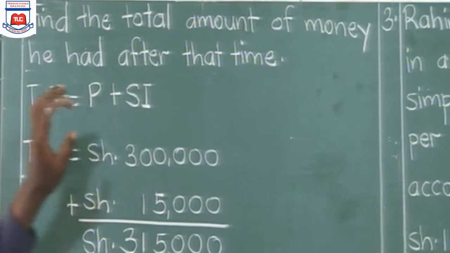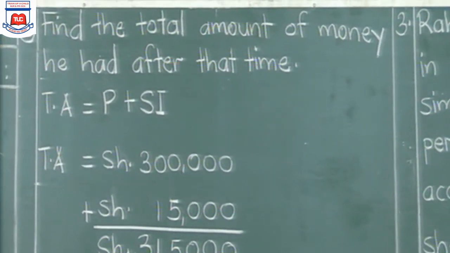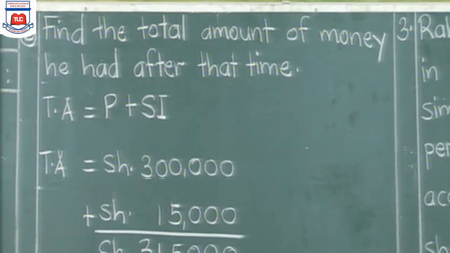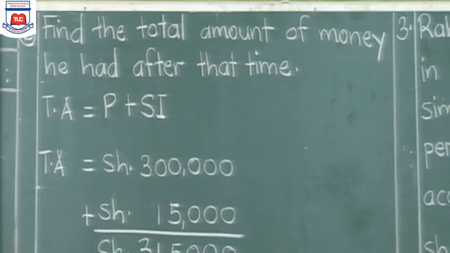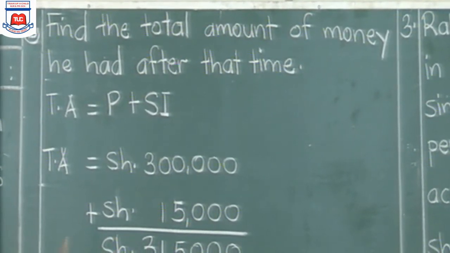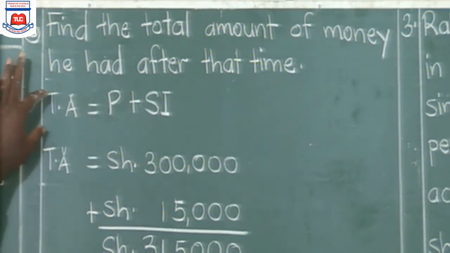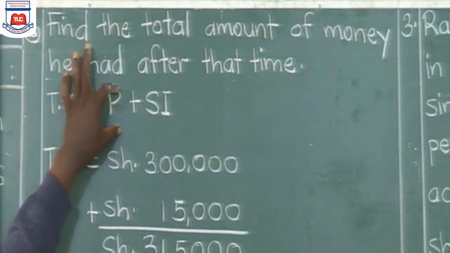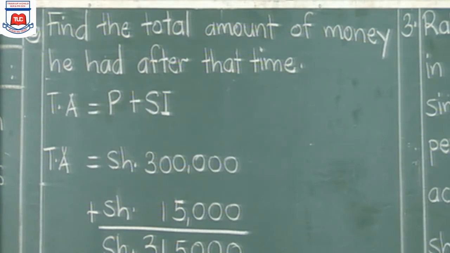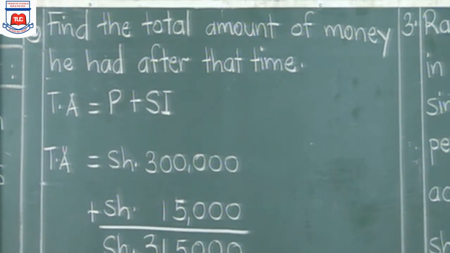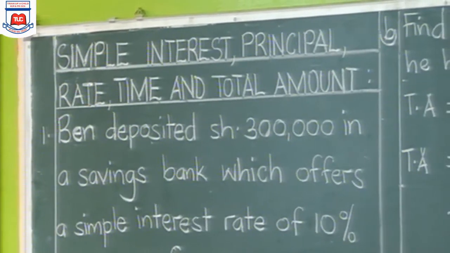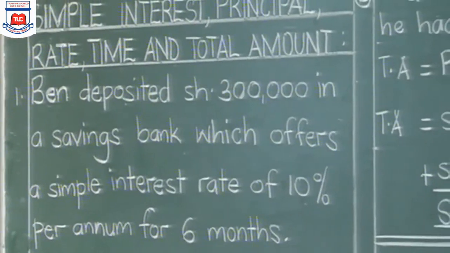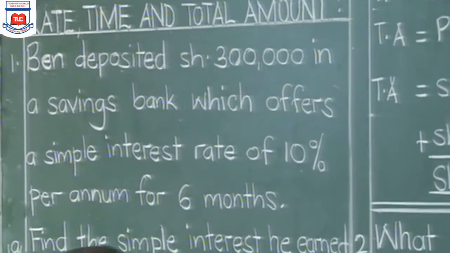We said total amount is a combination of principal and simple interest. That word combination brings in the plus sign of addition, hence total amount is equal to principal plus simple interest. Remember our principal was and is 300,000 shillings, and then simple interest has been got in A as 15,000 shillings.